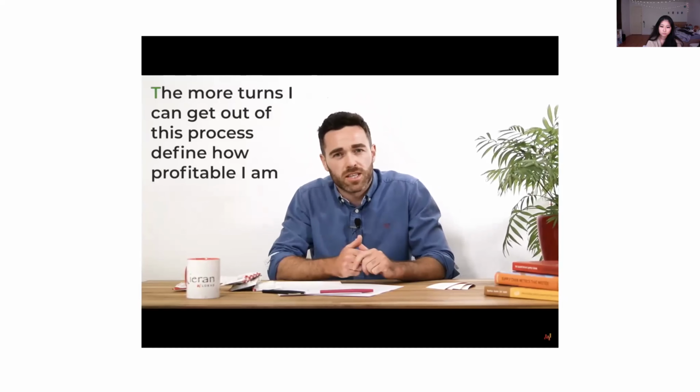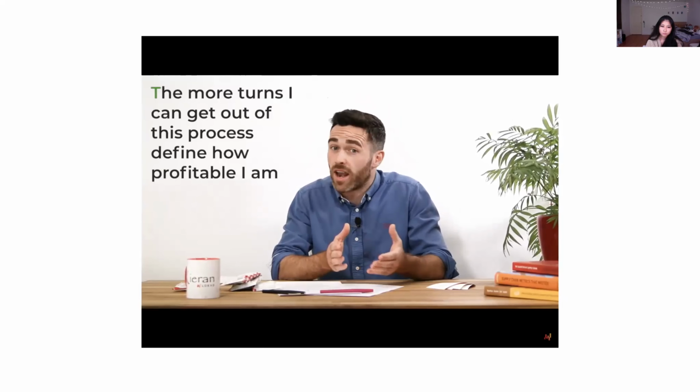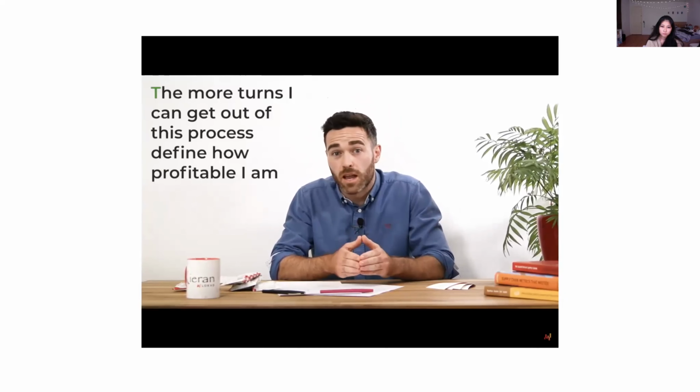So here what I'm doing is I'm making money by turning dollars into stock and then that stock back into money. And this process repeats itself again and again with more money to reinvest each time. This is what we call the multiplier effect. Basically, the more turns I can get out of this process determines how good I am at playing this game, and in reality, how profitable I'm going to be.